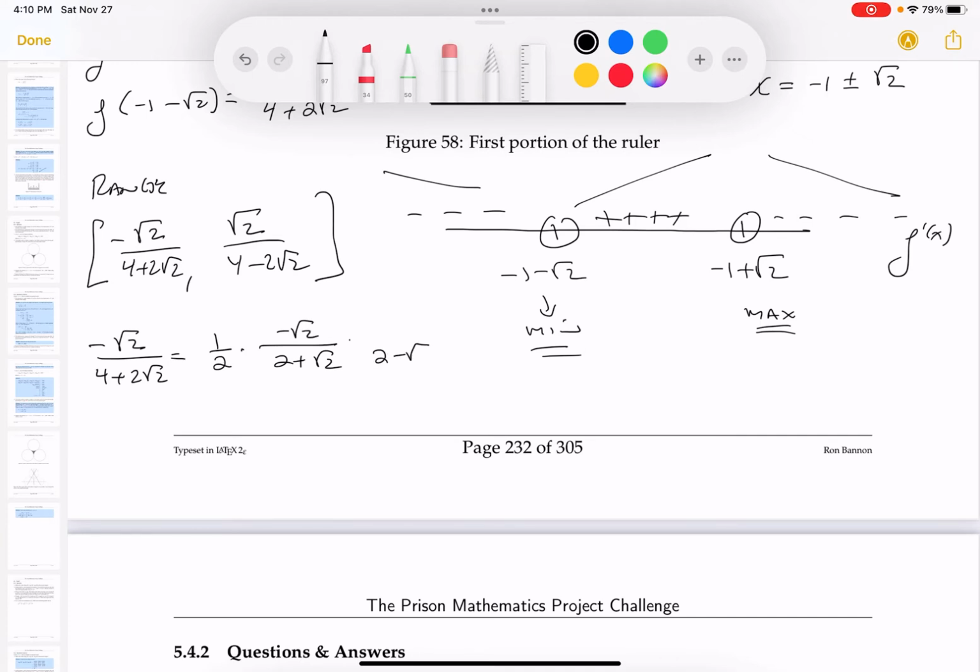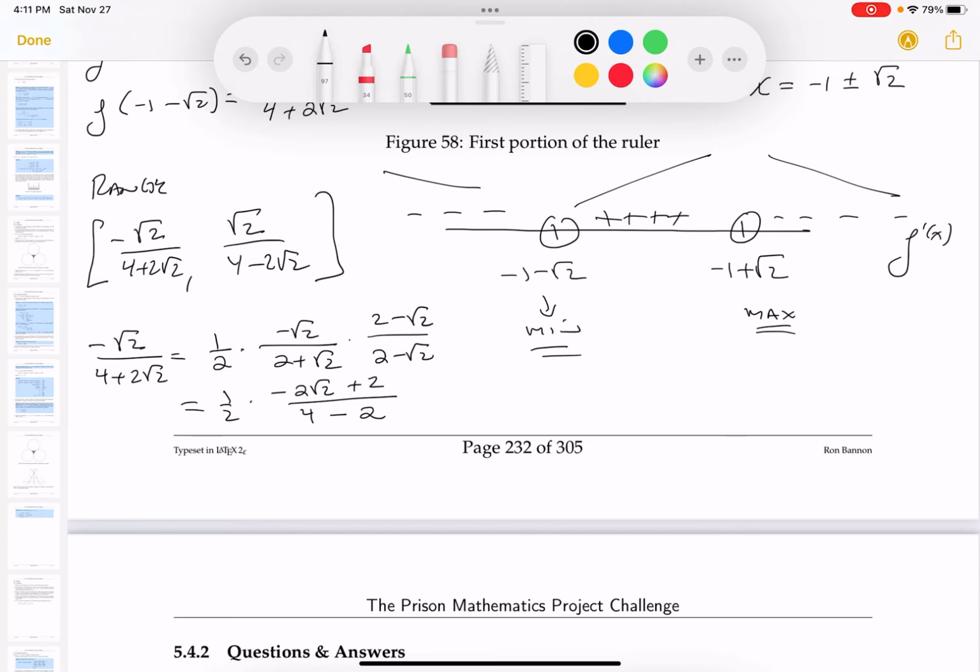So 2 minus root 2, 2 minus root 2, and you're going to get 1/2. And this is going to give you minus 2 root 2 plus 2. I'm just doing the top, by the way. And on bottom, you're going to get 4 minus 2.